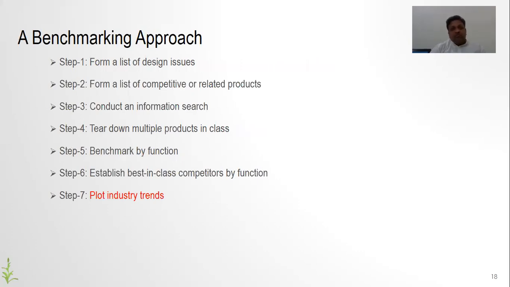Step 1, form a list of design issues. Step 2, form a list of competitive or related products. Step 3, conduct an information search. Step 4, tear down multiple products in a class. Step 5, benchmark by function. Step 6, establish best-in-class competitors by function. Step 7, plot industry trends.